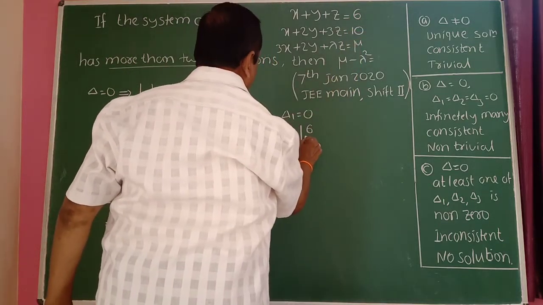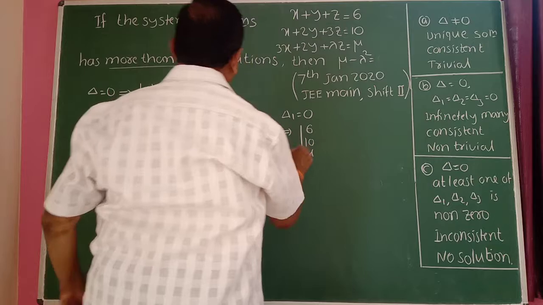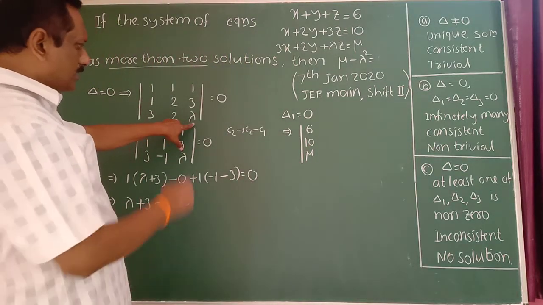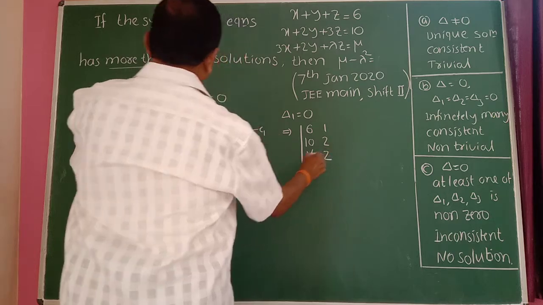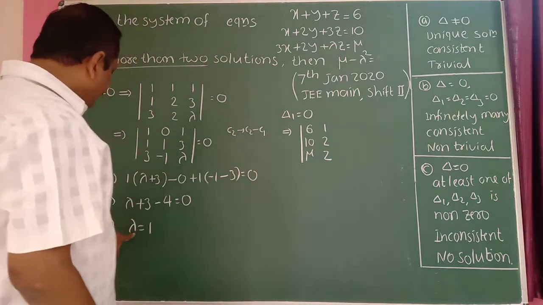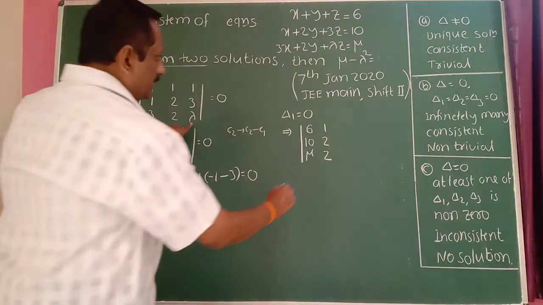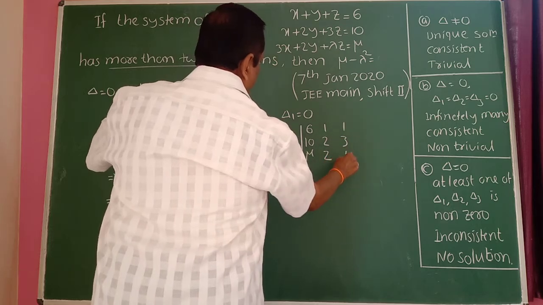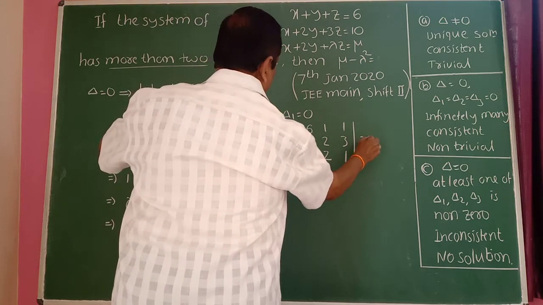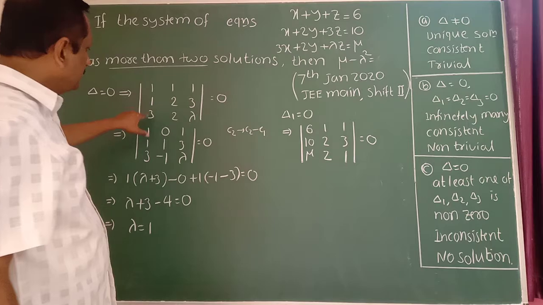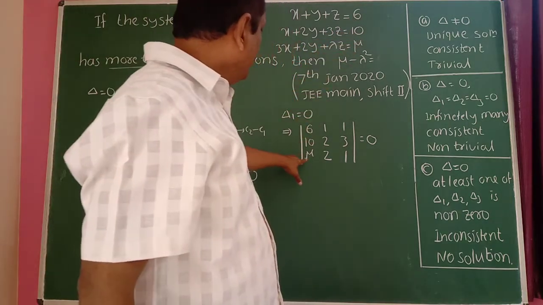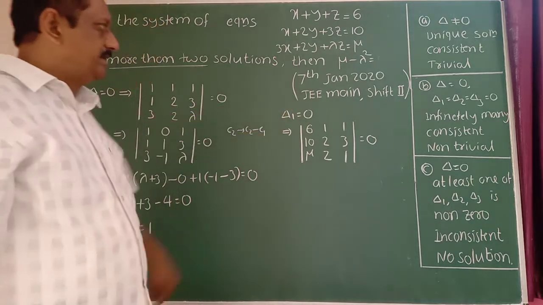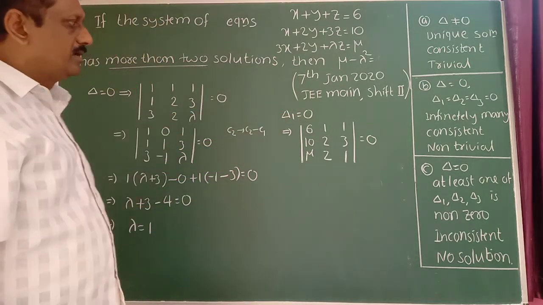These two columns are written as it is: 1, 2 and 2, 1, 3, lambda, but lambda value is 1, so replace here: 1, 3, 1, equal to 0. So just replace the first column by 6, 10 and mu, and the other two columns are written as it is. This is delta 1.